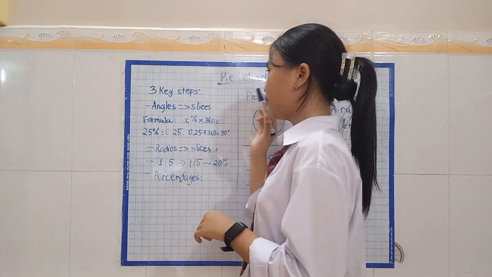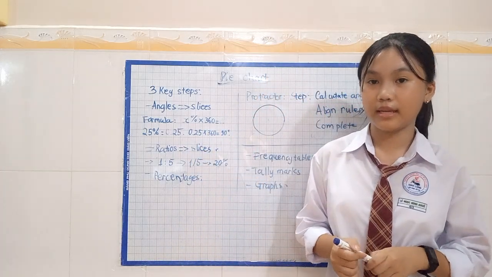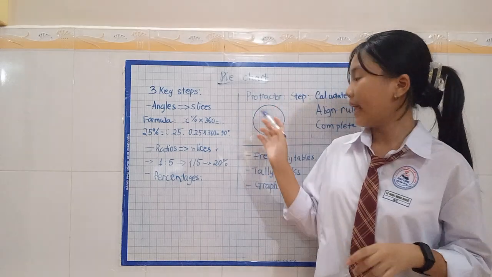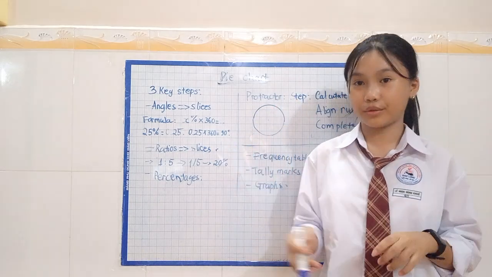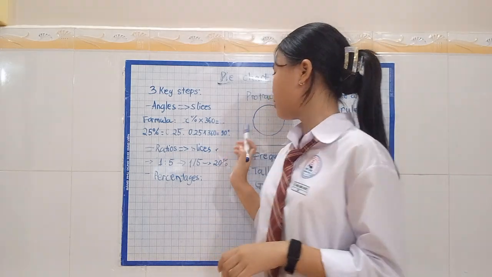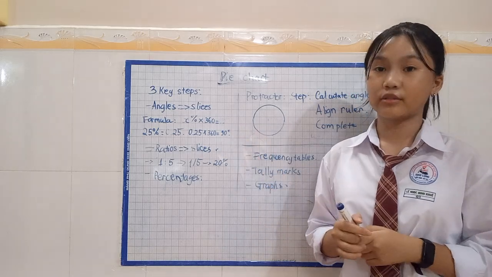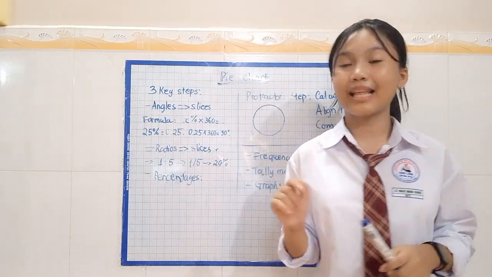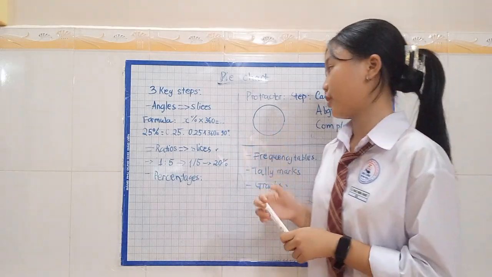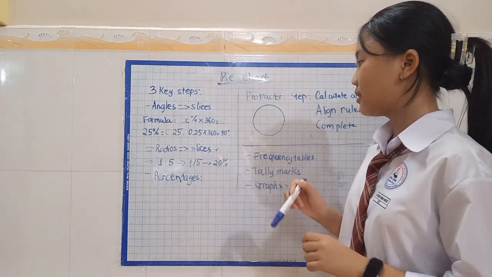Then you multiply it by 360, which is the whole angle of the whole circle. That is going to give you the angle it takes to draw that slice into your pie chart.